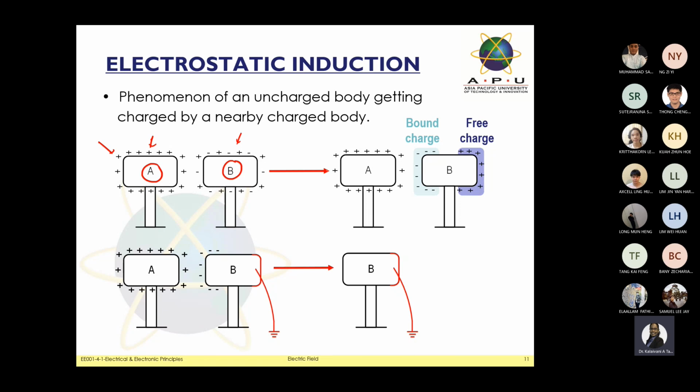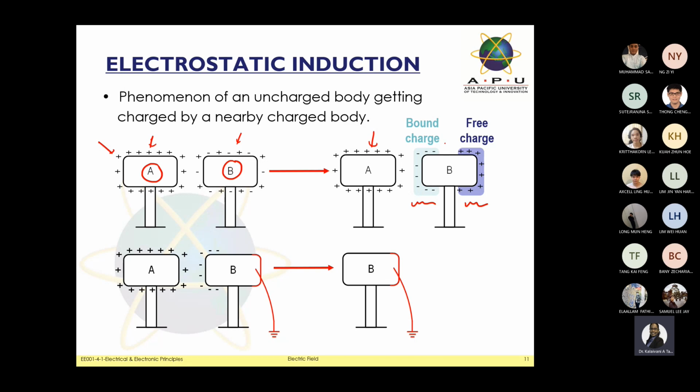At this part, all the negative electrons will be on one side, you may have a look, the negative ions, and the positive ions will be on the next part here. The one we have in positive we call a free charge. The negative part they call a bound charge. But you may have a look at the way they are attracted based on the charge here. So when your first part here is A, which is covered with a positive charge, it will be attracted to the negative.